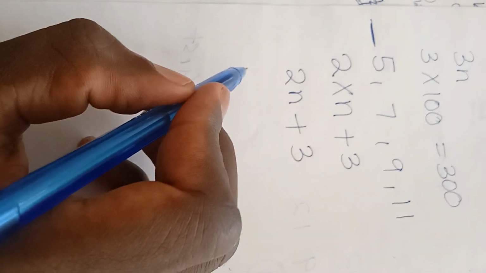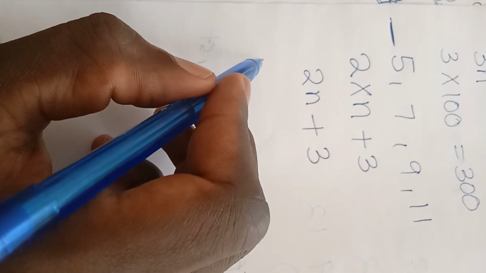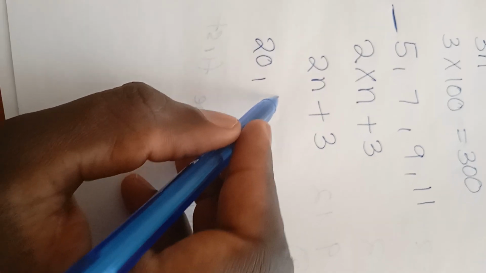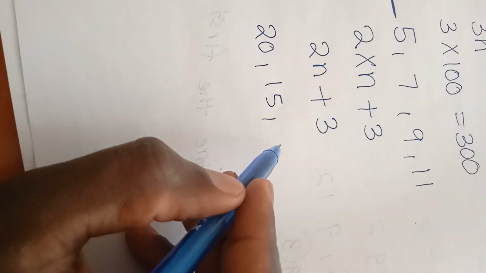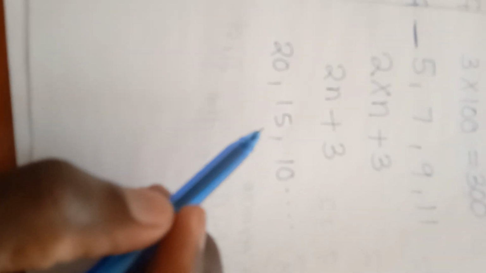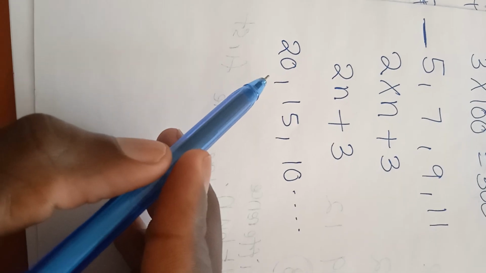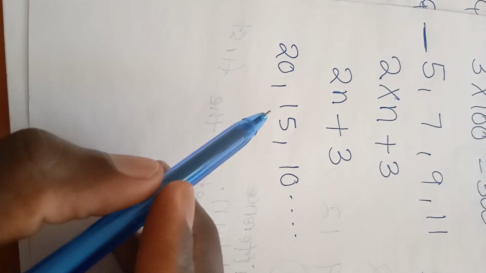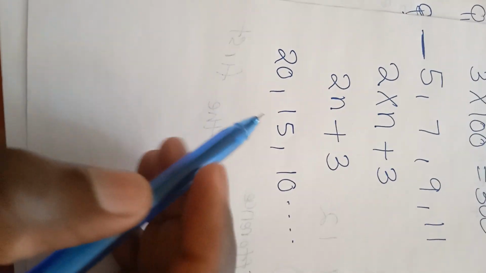So let's look at one last one. If you have 20, and then 15, and then 10, you have this sequence. You want to find the nth term of this sequence. All you need to do is take the second term and subtract the first term. It's very important that you take note that we take the second term and subtract the first term.